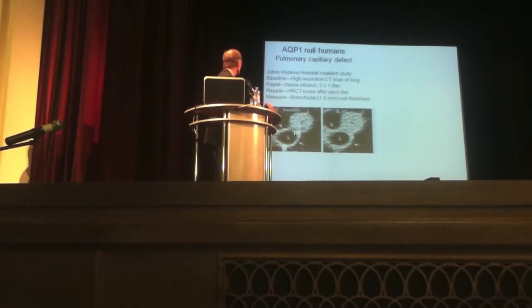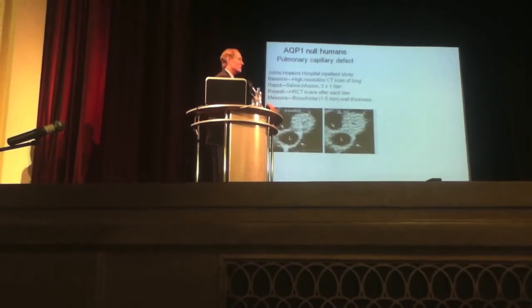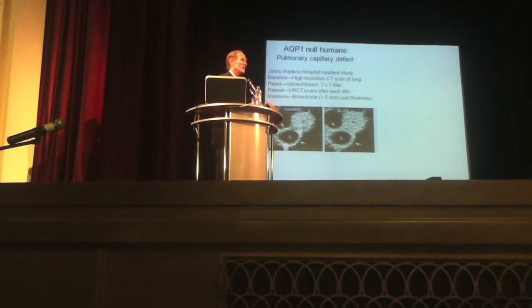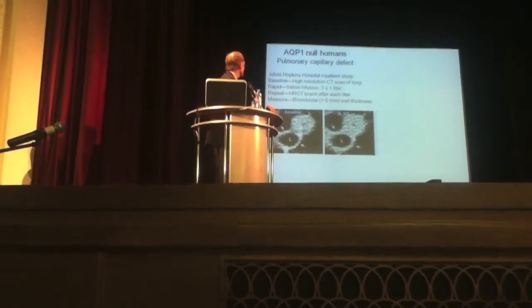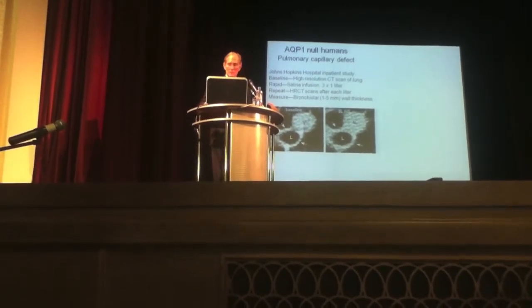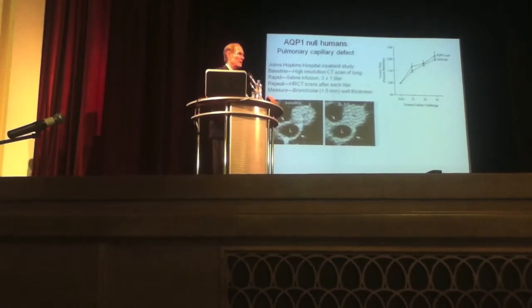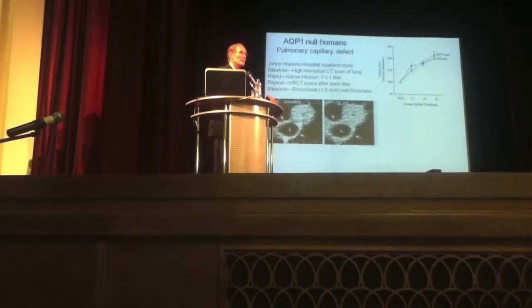And so this is a bronchiole in lung. Notice the thin walls. So here's an adjacent venule. Here are the same structures in a normal individual after infusion of 3 liters of physiological saline. What you should see is that the venule has become engorged. And that's found in all normal and aquaporin null individuals.